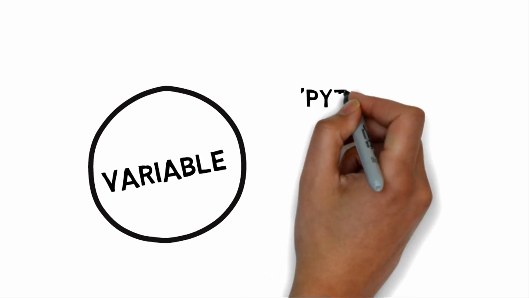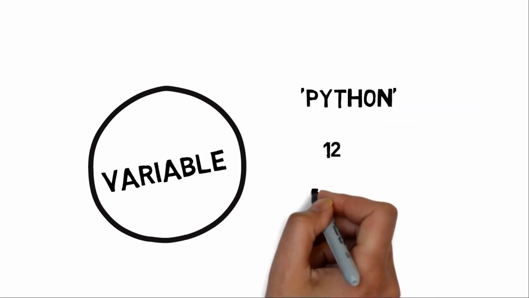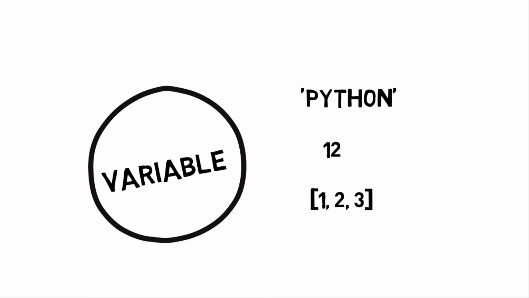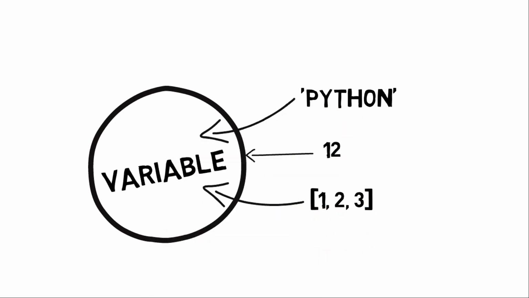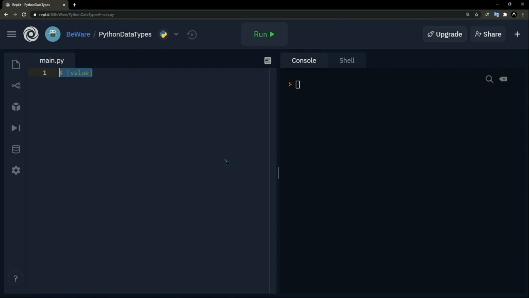So as I told you before, a variable is a box that can store any value. So let's create a variable, let's say we want to store our age in this variable. So let's pass 21.